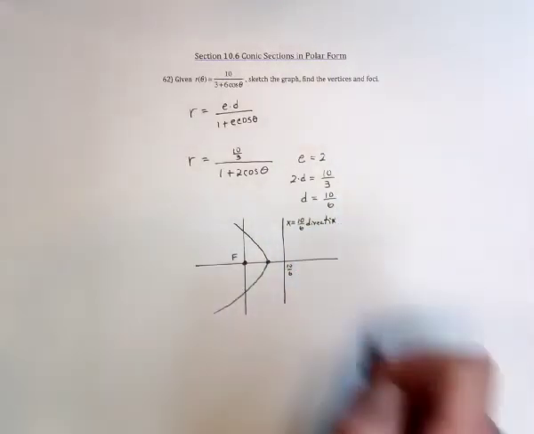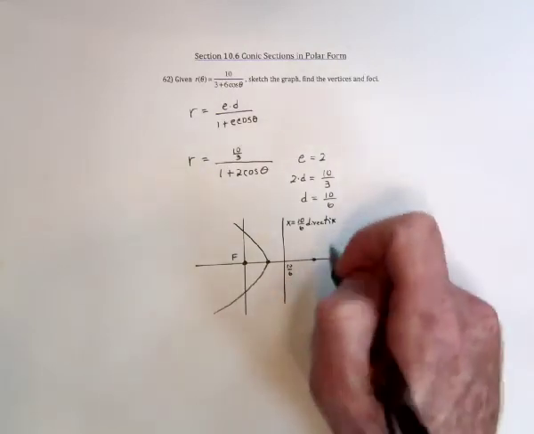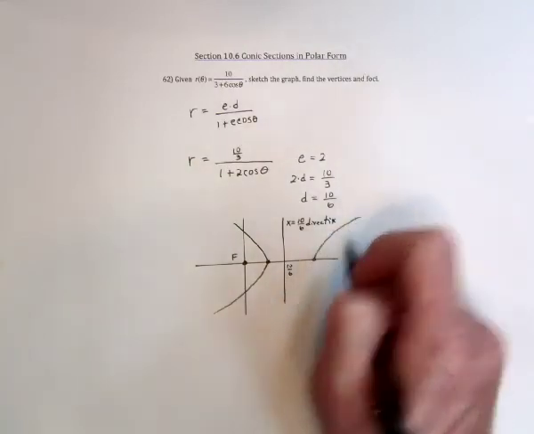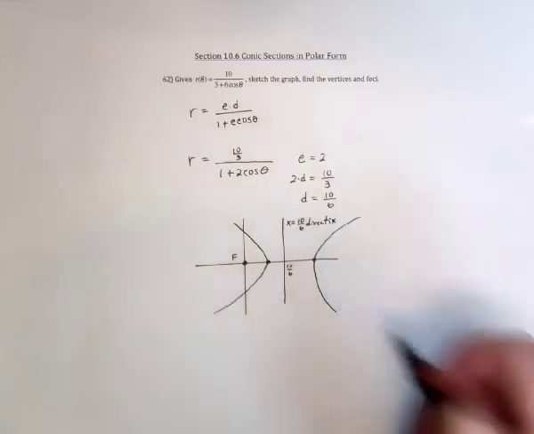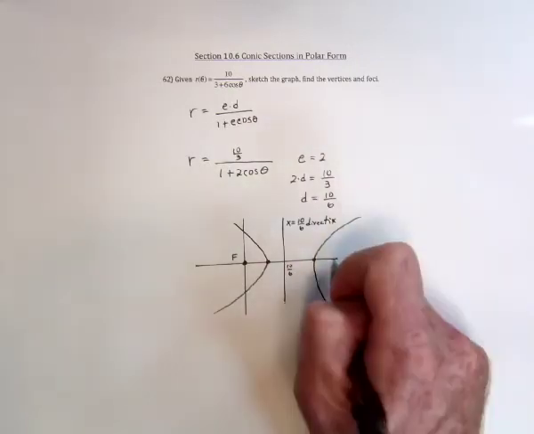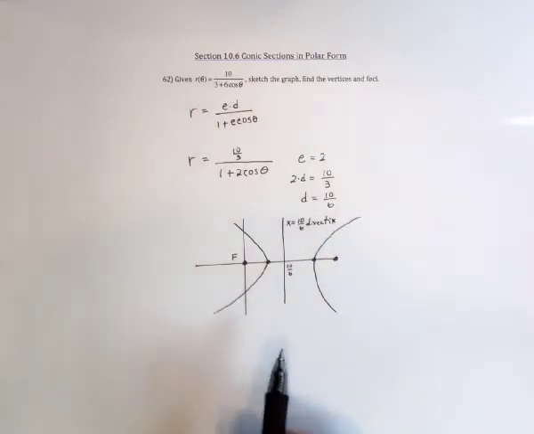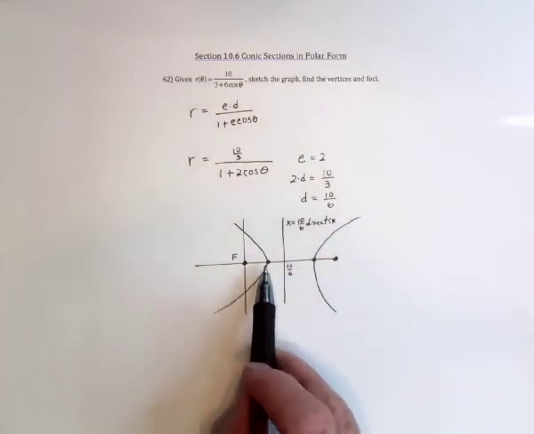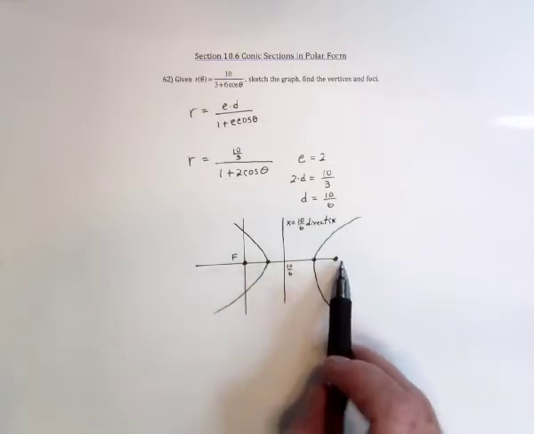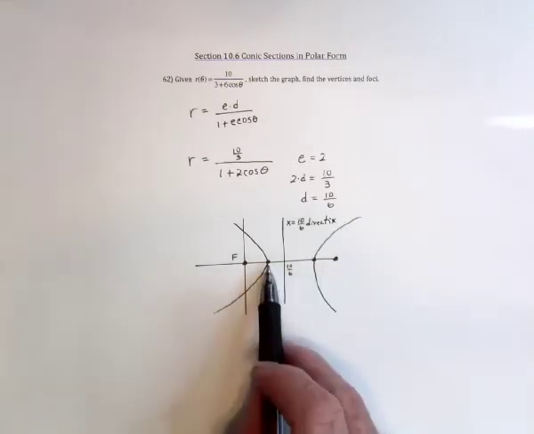Okay, then over here we would have the other branch of it, and there would be a focus point in here. So the distance from here to here is the same as from here to here.